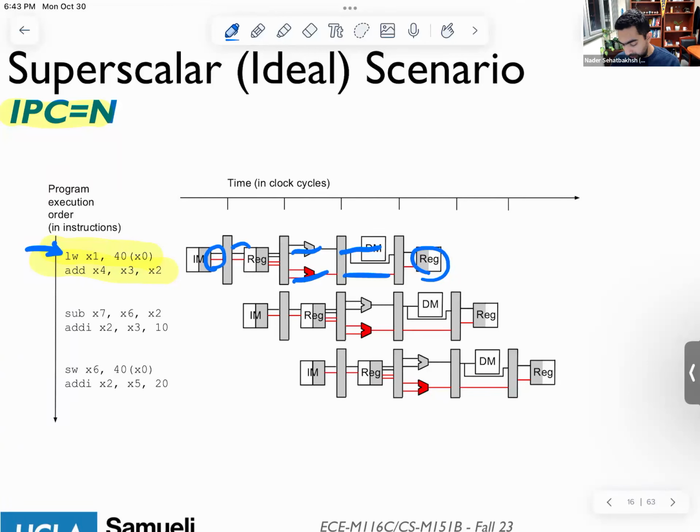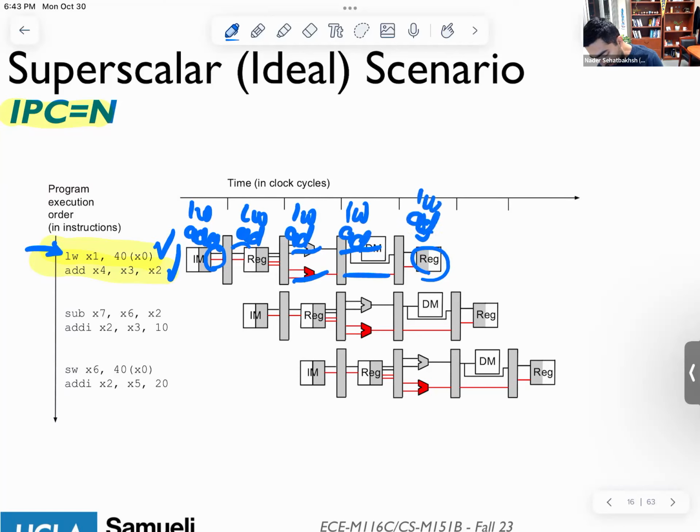So at the end of this cycle, I finish both of these instructions. And then the same thing happens: load and add. And then for the second group, sub and add-I.